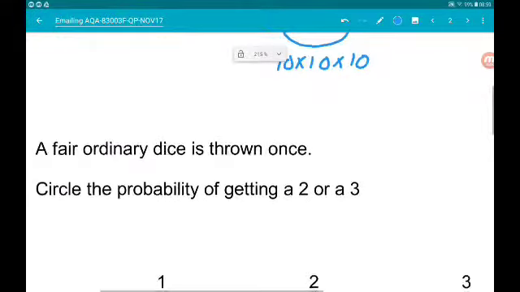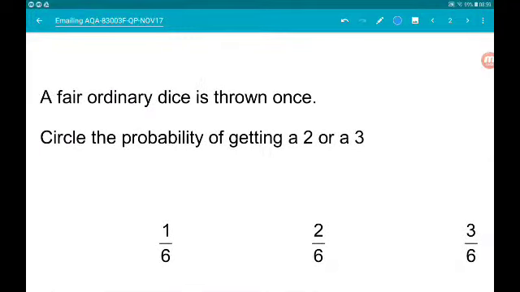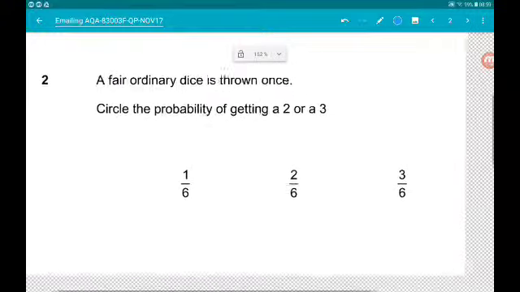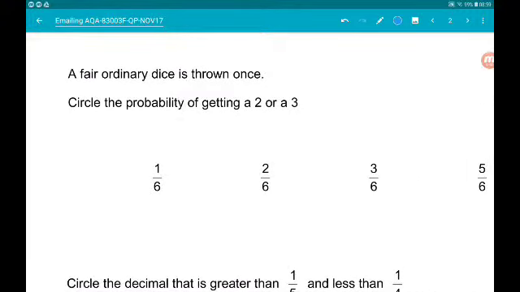Question 2. A fair ordinary dice is thrown once. Circle the probability of getting a 2 or 3. On a fair ordinary dice, there are 6 outcomes: 1, 2, 3, 4, 5, 6. 2 or 3 make up 2 out of the 6 outcomes.